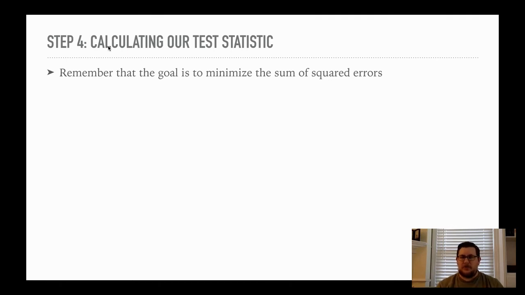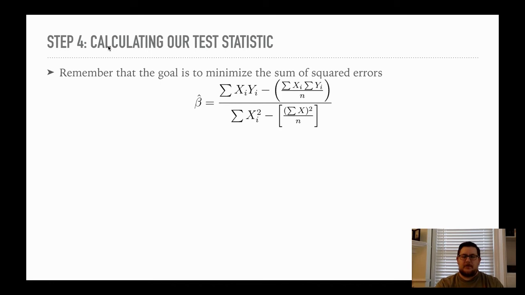Remember our goal: minimizing those errors, the distance from the line for each observation. Here is the equation your textbook gives you. I know, right? That's pretty ugly. Bear with me.